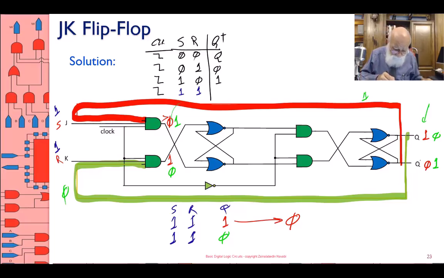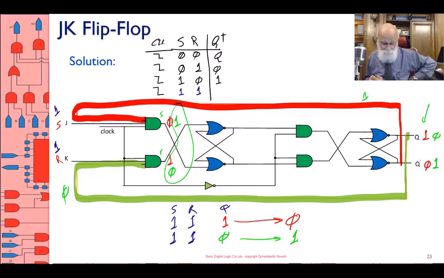What do I have here now? My set is 1, my reset is 0. This is the internal set, this is the internal reset. The internal set is 1, the internal reset is 0, and therefore what happens when the clock arrives? Since set is 1, this becomes 1.